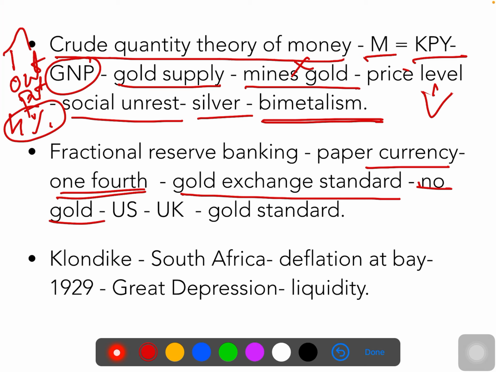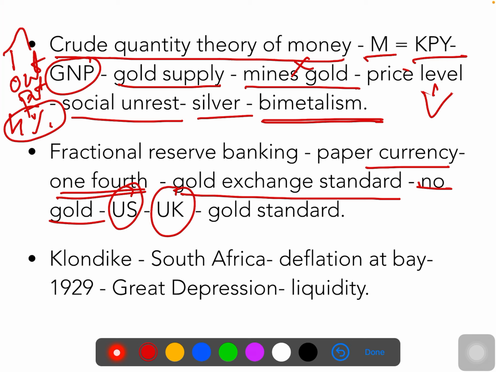Instead of gold, they held the currency of some large countries, like the US and UK. They wanted to hold that country's currency because it was on the gold standard. That country's currency is also just like a gold standard.